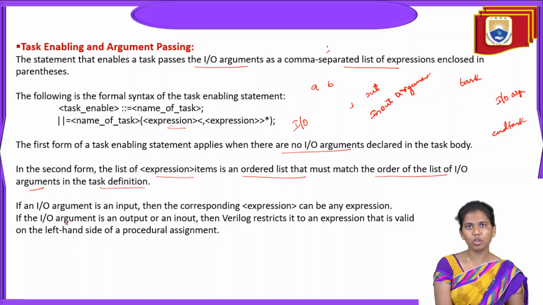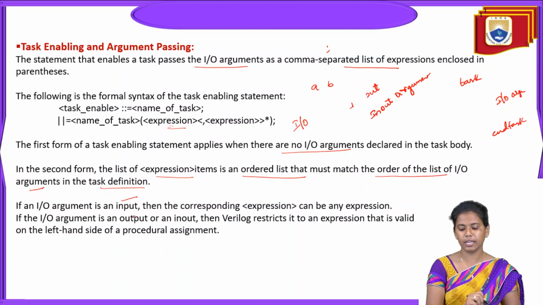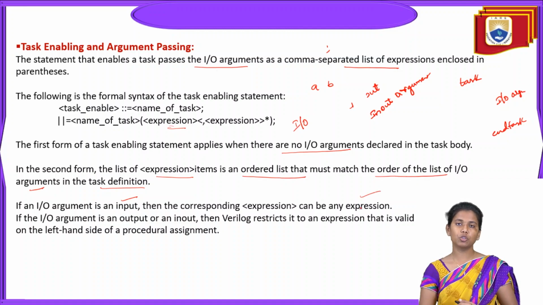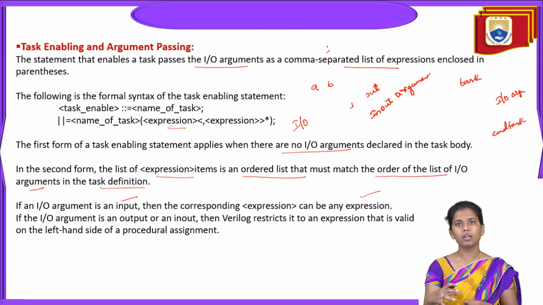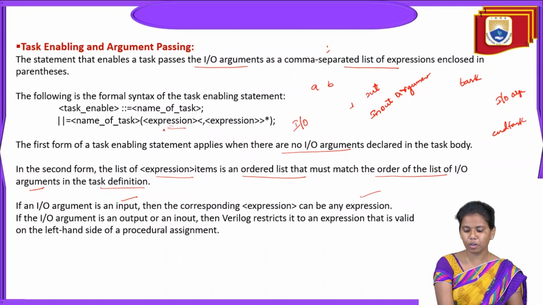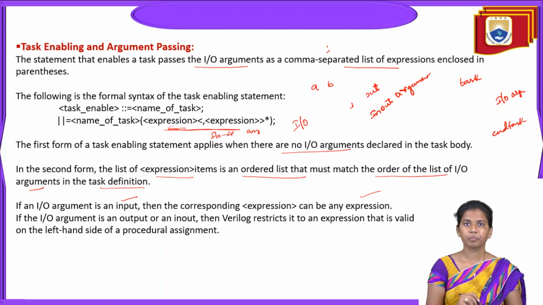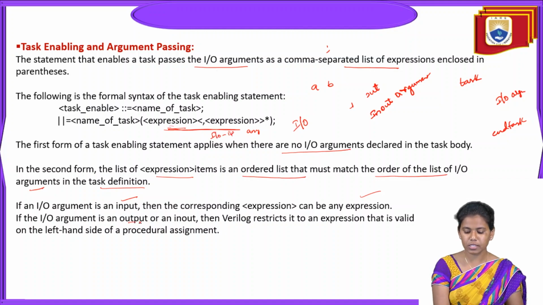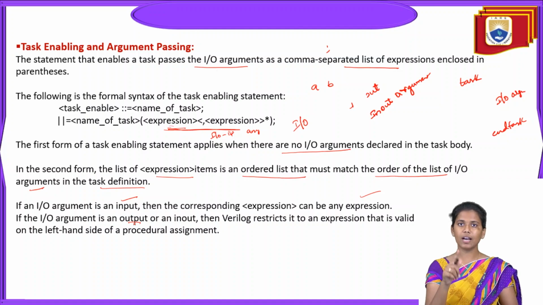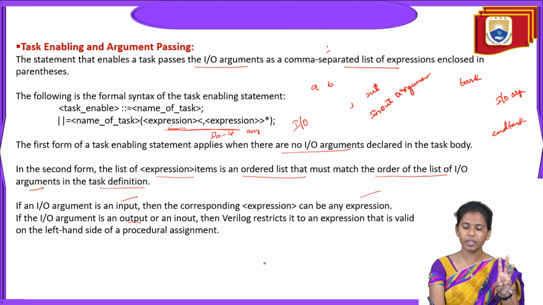If an input-output argument is an input, suppose the IO argument is an input, then the corresponding expression can be any expression. In the task and function, remember that we have three things in the port list: output, input and in-out, right?